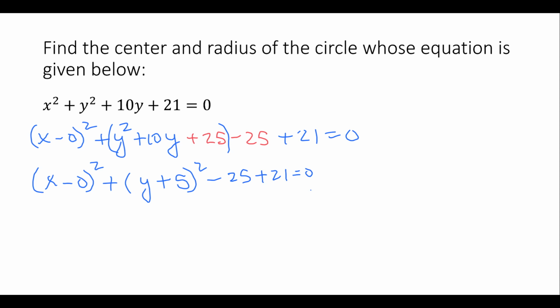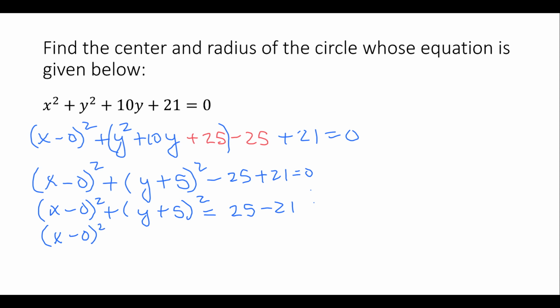So it's starting to already look like the equation of a circle. So we just need to move the numbers to the other side. So x minus 0 squared plus y plus 5 squared equals, let's see, I've got positive 25 minus 21. To clean it up a little, x minus 0 squared plus y plus 5 squared equals 4.